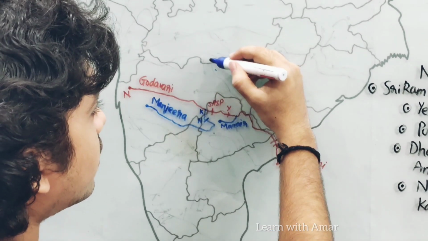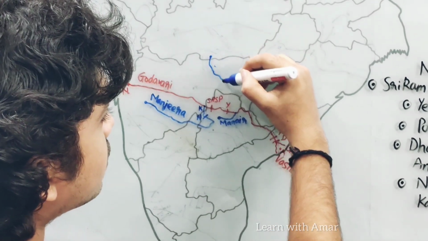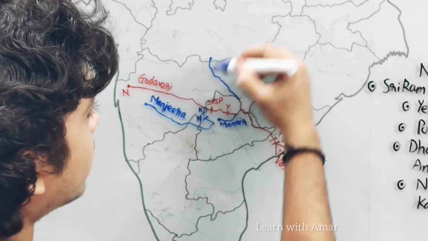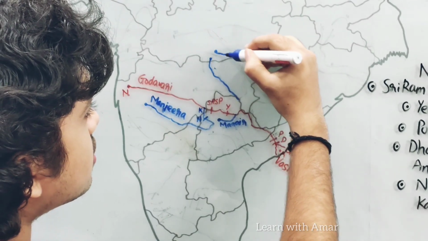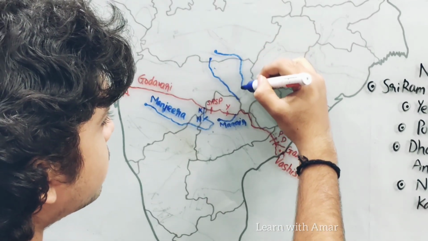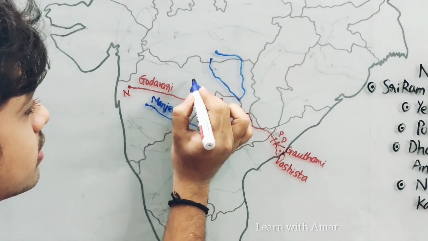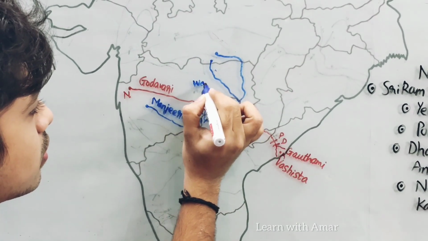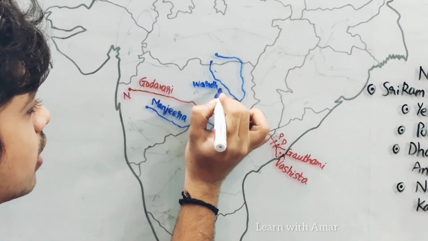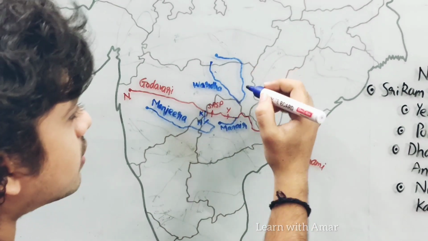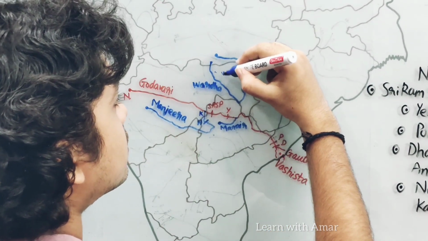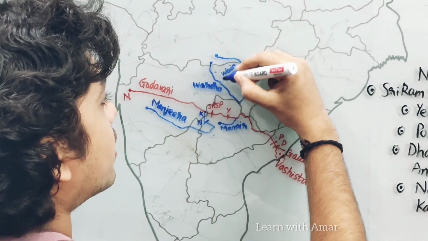It originates from here. This is Vardha and this is Vainganga.